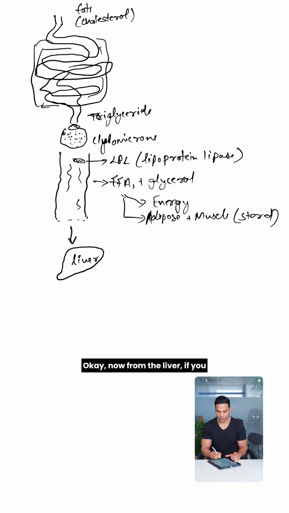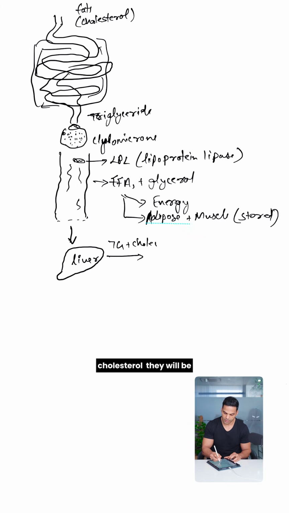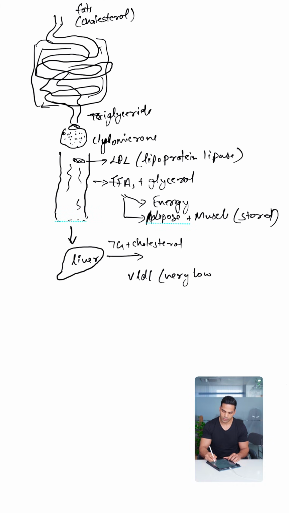Now from the liver, if you have free fatty acids, if you have triglycerides, along with cholesterol, they will be picked up by something we call VLDL, or very low density lipoprotein.